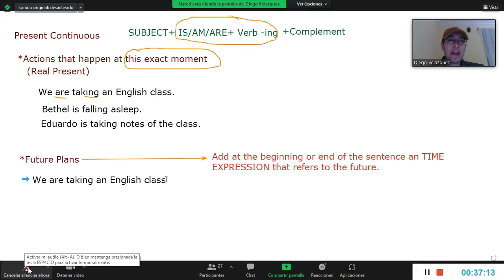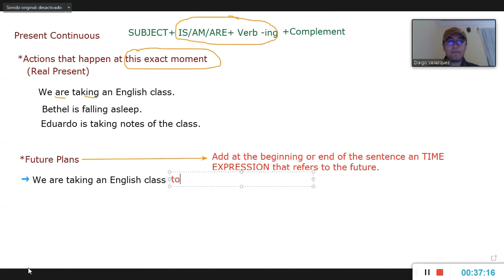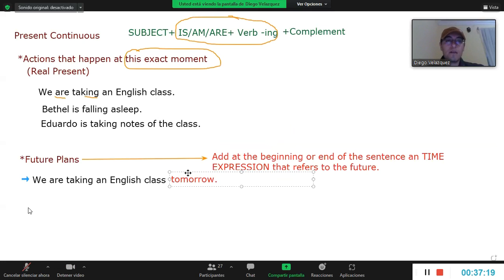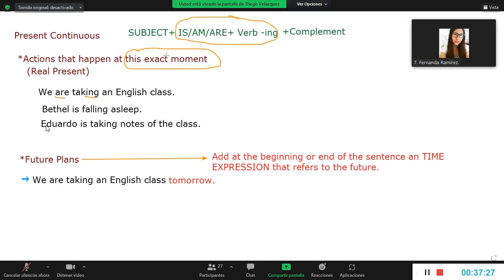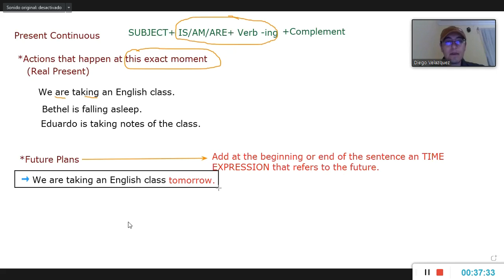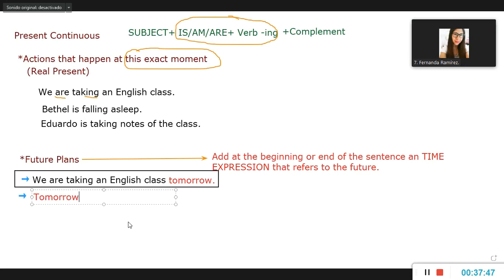But if I tell you we are taking an English class tomorrow, with this little expression that is referring to a time, automatically all of the sentence refers to something in the future, okay? Keep in mind that, similarly to the frequency expressions, I can also start with these expressions at the beginning. Tomorrow, we are taking an English class.